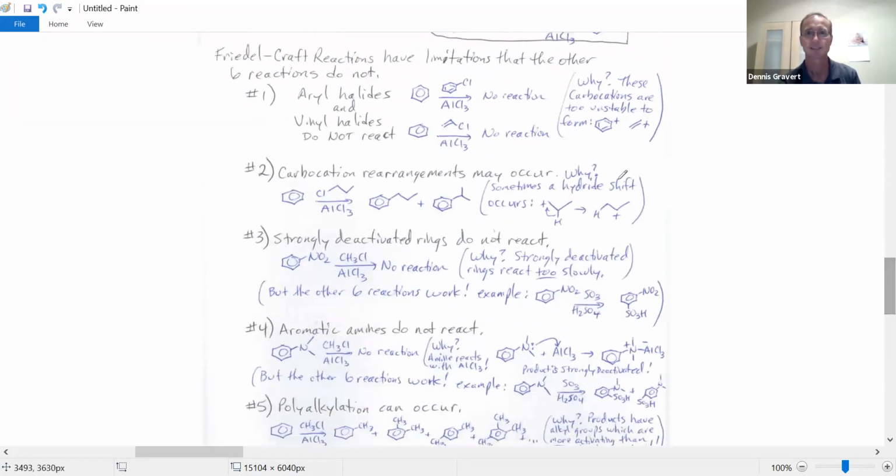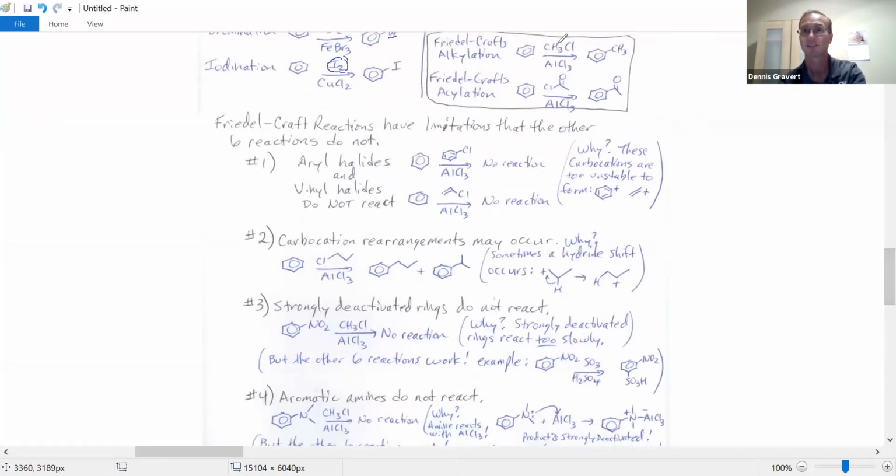And those limitations are, hey, you can't do the reaction with vinyl or aryl halides, they had to be alkyl. Had to be sp3 hybridized carbon connected to chlorine or bromine to do Friedel-Crafts. That's the first limitation. Watch out for rearrangements.